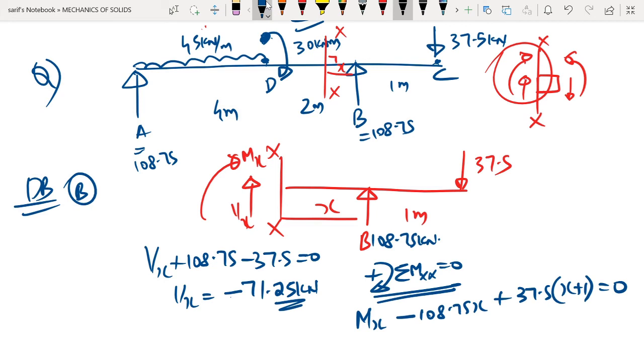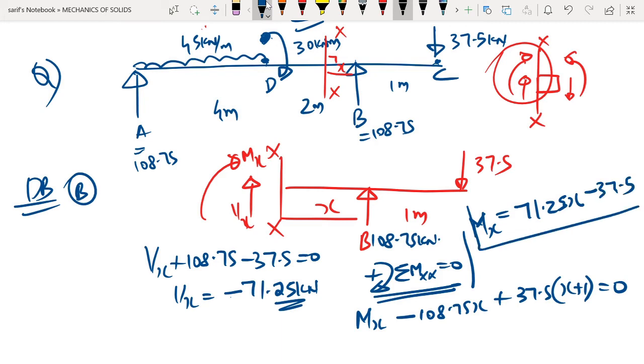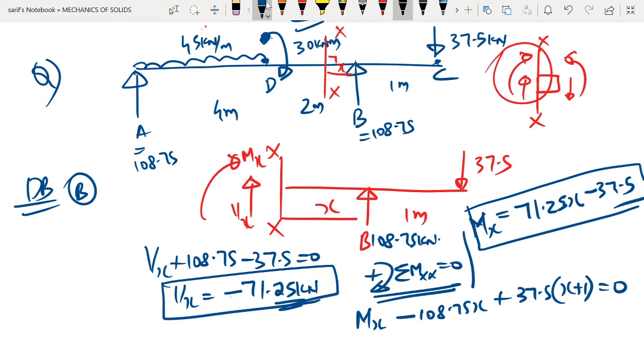So if we try to rewrite this particular equation, we'll get the value of Mx as Mx is equal to 71.25x minus 37.5. So this would be the value of Mx that we are going to have for the region DB, and this would be the value of shear force we are going to have for the region DB with B as the origin. So as of now, we have found out the expressions for shear force and bending moment for the region AD as well as for the region DB.